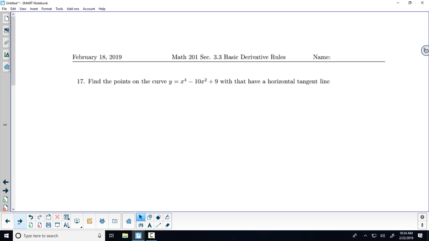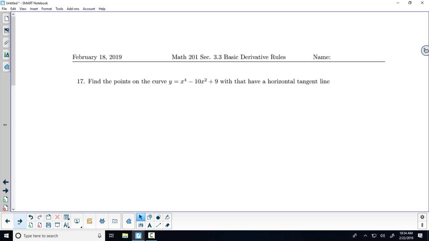We've learned how the derivative gives us the slope of a tangent line at a point, right? And what is the slope of a horizontal line? 0. So you can put your new calculus skills together with all of your old algebra skills to answer this question. So let's work through it.